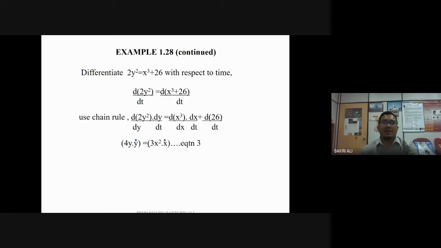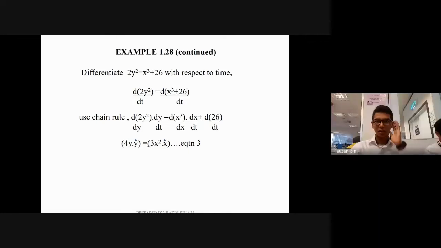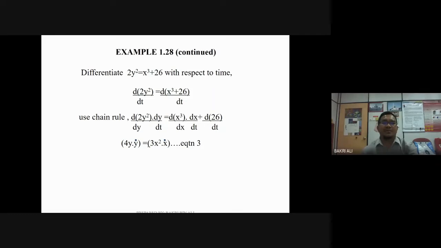On the left side, d of 2y squared over dy will give us 4y, and dy over dt is the change of y position over time, or the velocity in y axis, or simply y dot. On this side, dx cubed over dx will give us 3x squared, and dx over dt is x dot, and d 26 over dt is 0. So the velocity function for y-axis is 4y y dot equal to 3x squared x dot.